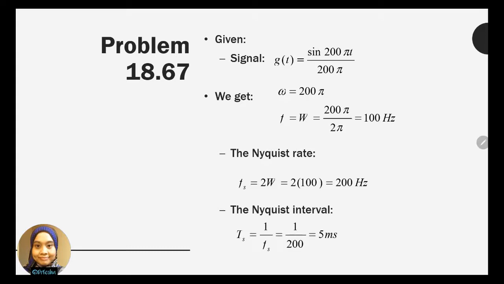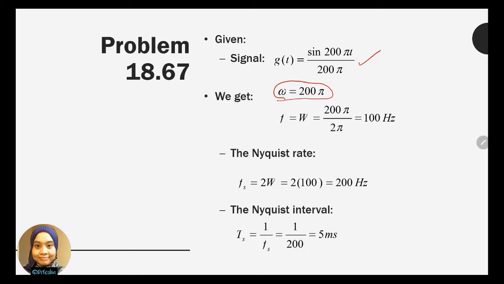Another type of question that can be asked on the sampling setup is giving you an equation, and you need to find what omega is, because we want to find the Nyquist rate and also the Nyquist interval.